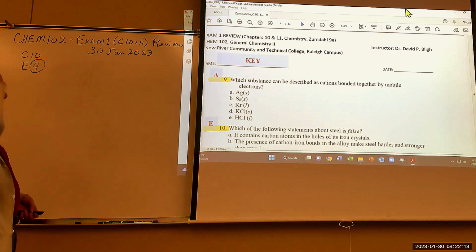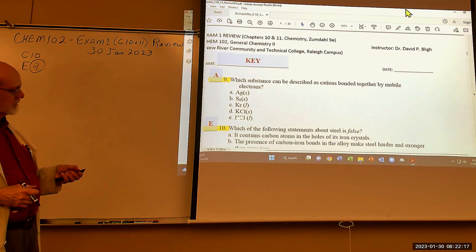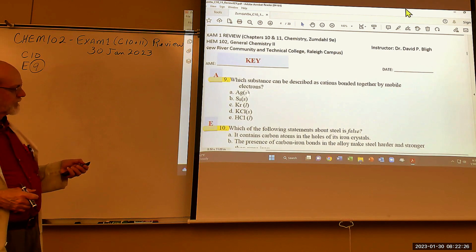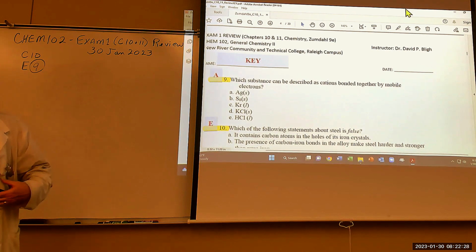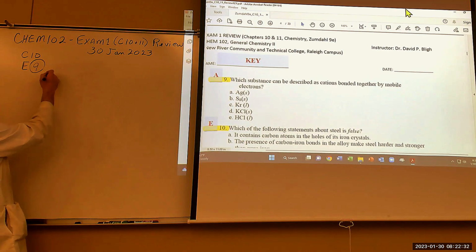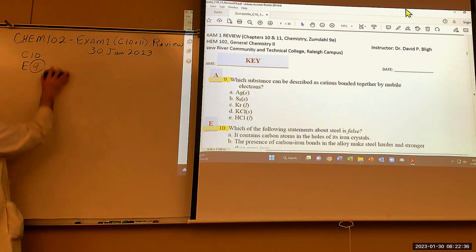So which one of these is a metal? Well, that's an ionic compound. Krypton? Nope. Noble gas? Nope. Non-metal. There it is right there. Silver. Only metals fit that model. So this would be A.